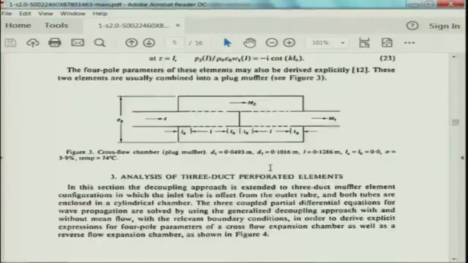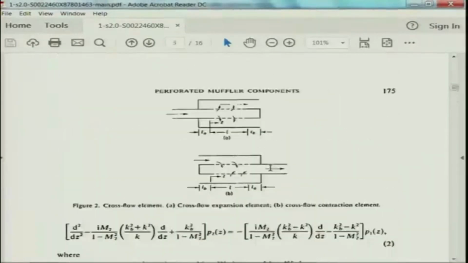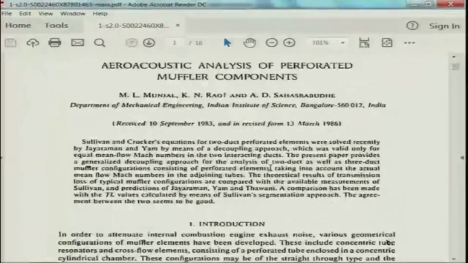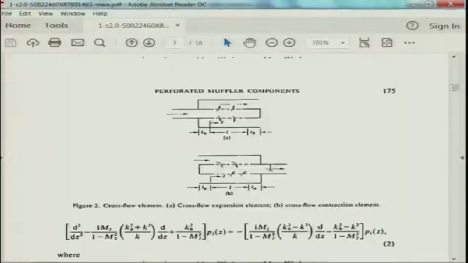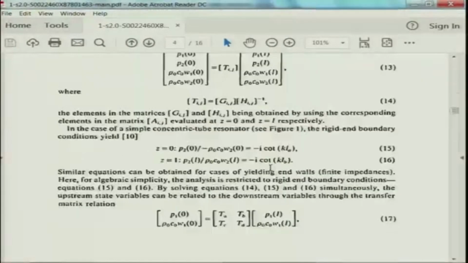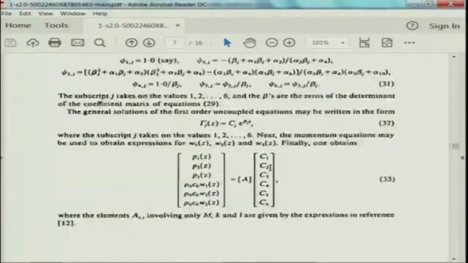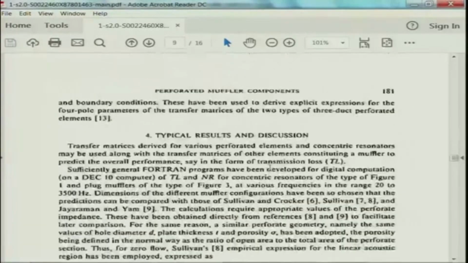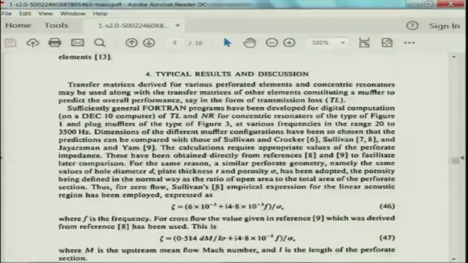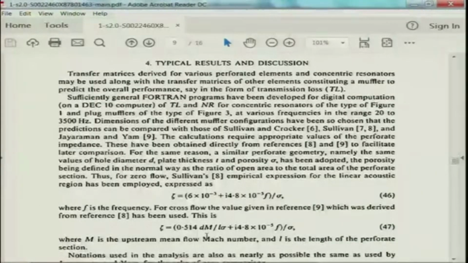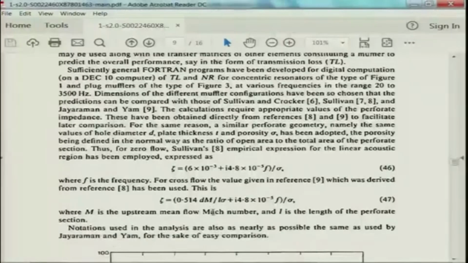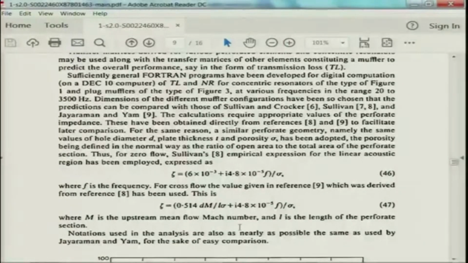They used an altogether different perforate impedance expression. It is not unique, like I said in the brief review that I attempted a few classes back. The idea was to demonstrate a few popular expressions, such as zeta here and zeta 0.514 and so on.